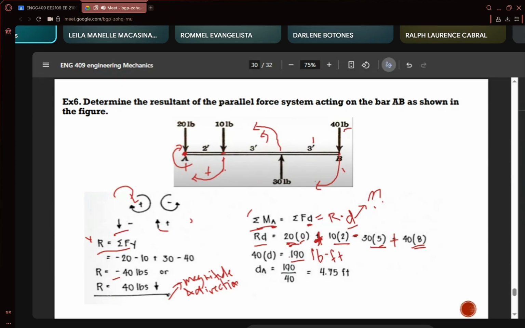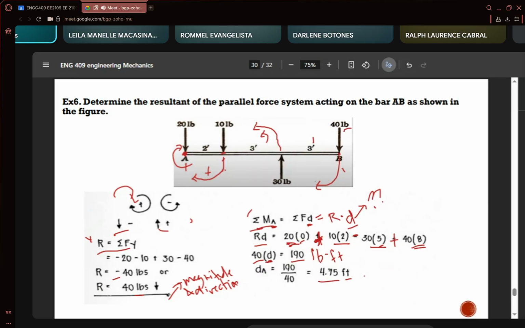It wasn't mentioned right away, so pound feet. So you need that. What you need is the distance, and you already have your 40 pounds here. So you know that the pounds will cancel out when you divide, and what will be left is the unit of feet. So that's 190 divided by 40. It will give you 4.75 feet.